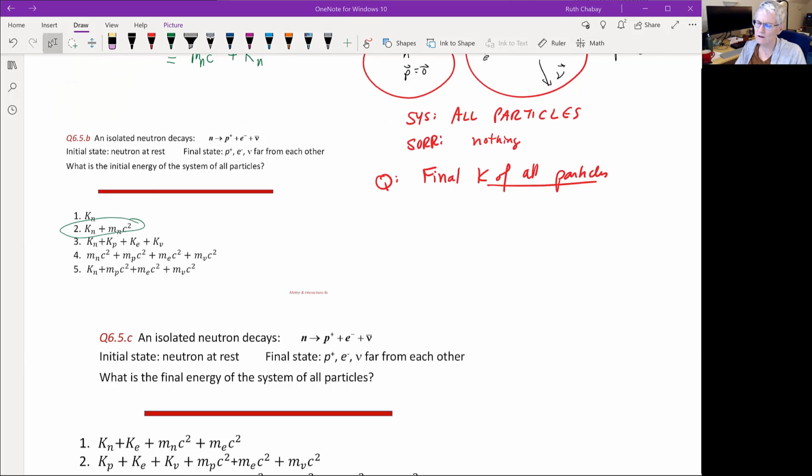So let's talk about the rest energy of a nucleus for a minute. When we form a nucleus, protons and neutrons bind to each other through the strong force. And in order to do that, they actually give up some energy. So the rest energy of the nucleus, this bound system of protons and neutrons, is actually slightly less than the energy of its constituents.